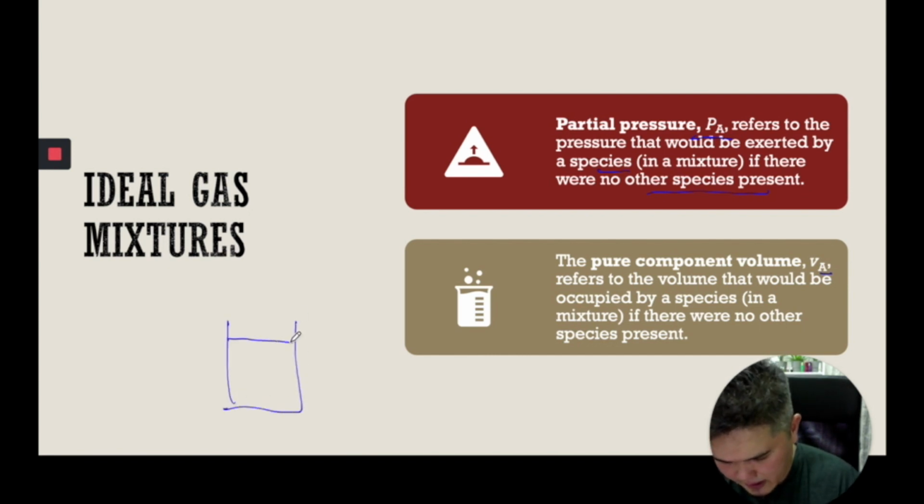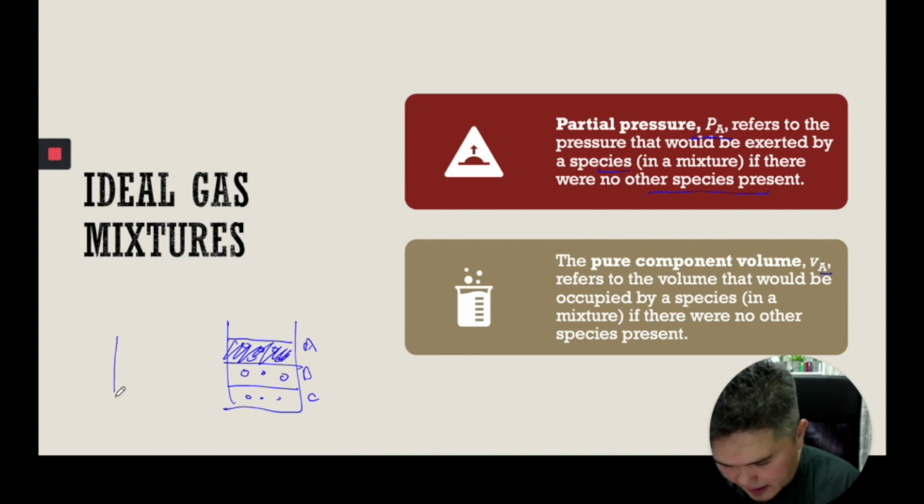If you have three types of molecules, let's say this is C, this is B, and this is A. When we mention the partial pressure of A, it means the force exerted by this species of A, and the pure component volume of A is something that we only measure this way.